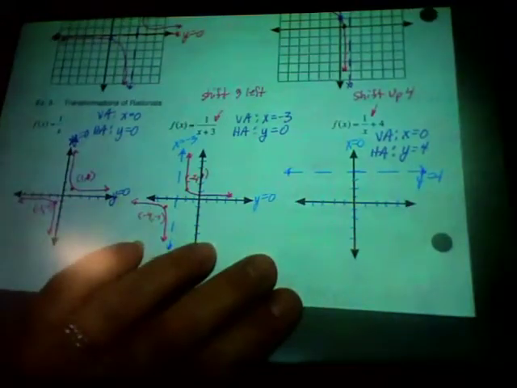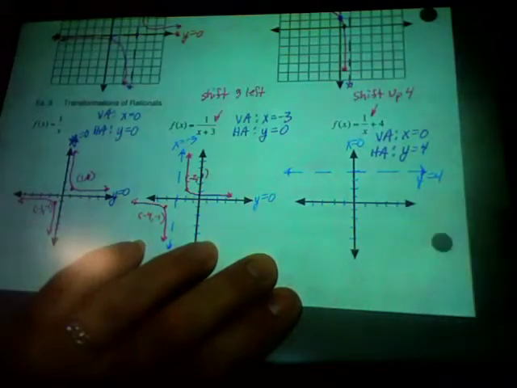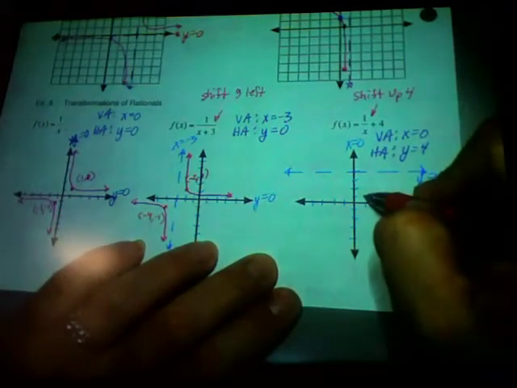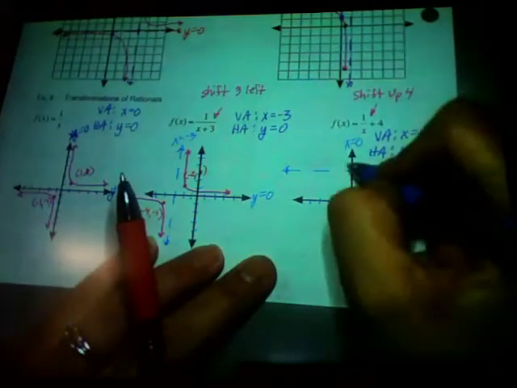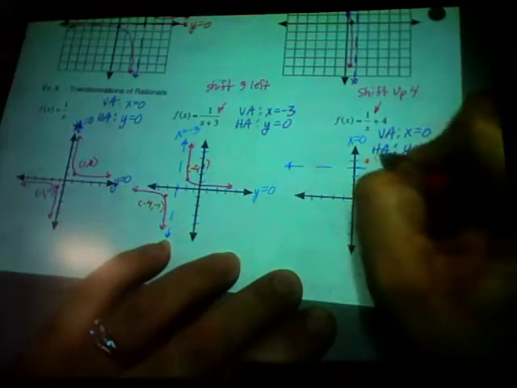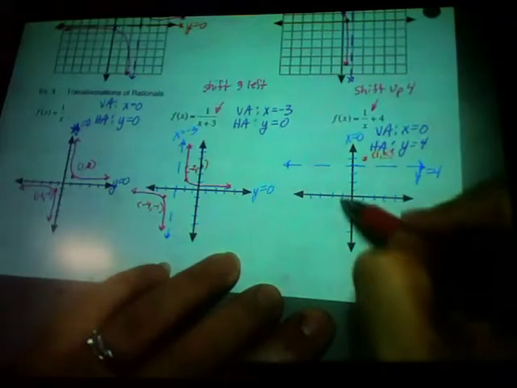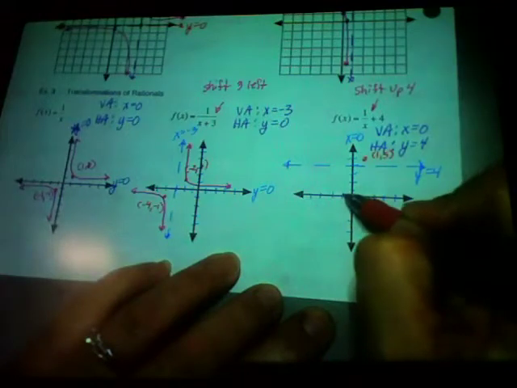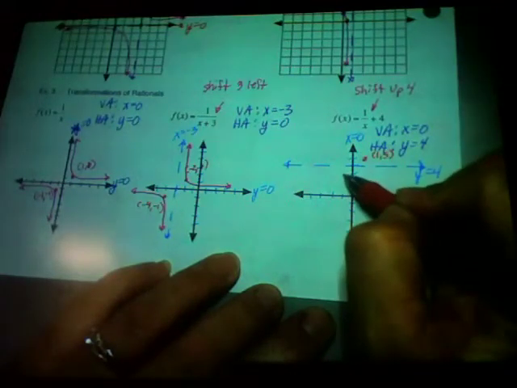So what's going to happen to this point that I had down here at 1, 1? It goes up 4, so won't it be at 1, 5? Over 1, up 5. So this should now be 1, 5. And this point that was at negative 1, negative 1, it's going to go up 4 as well. 1, 2, 3, 4.